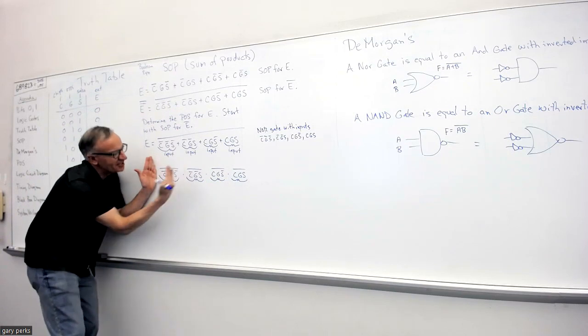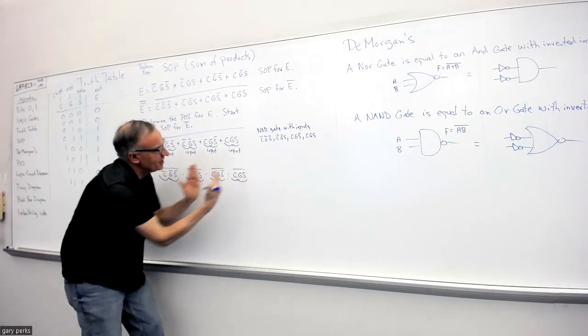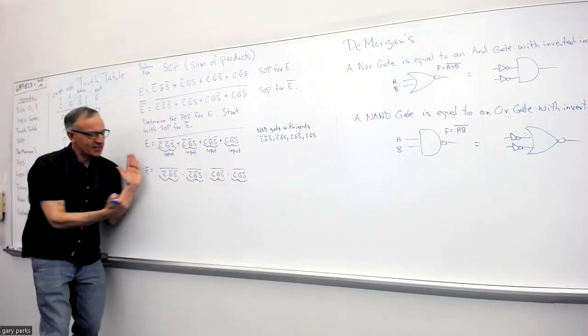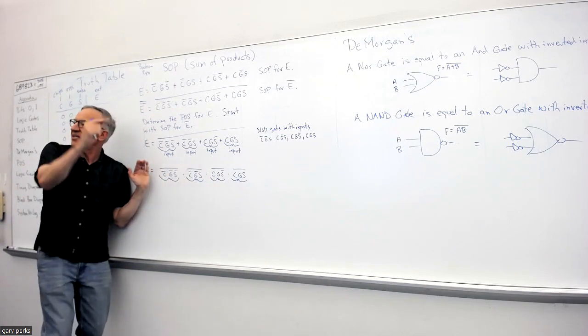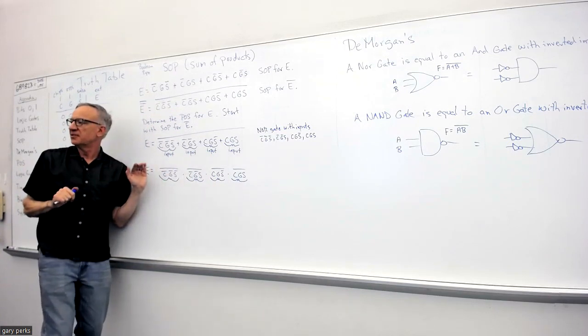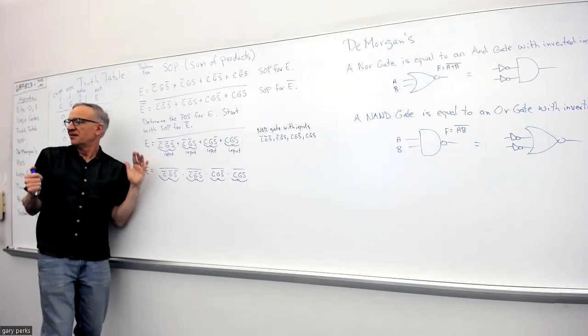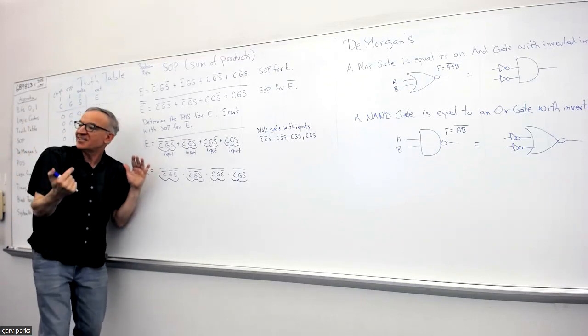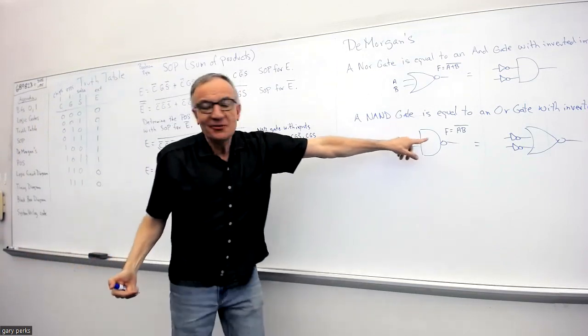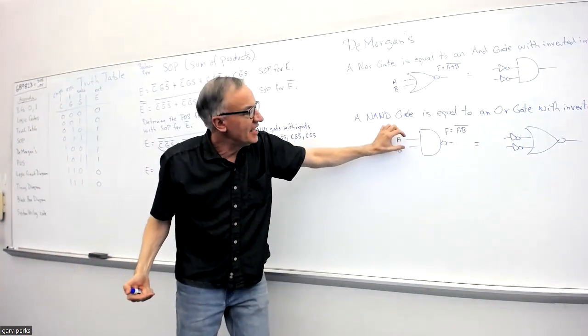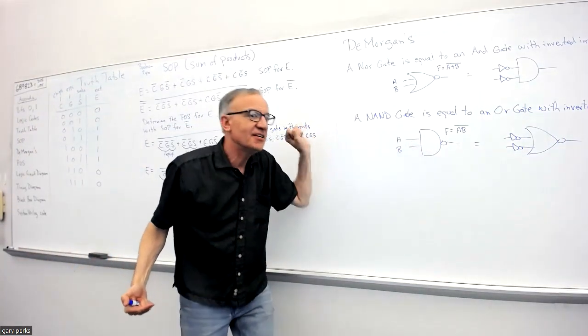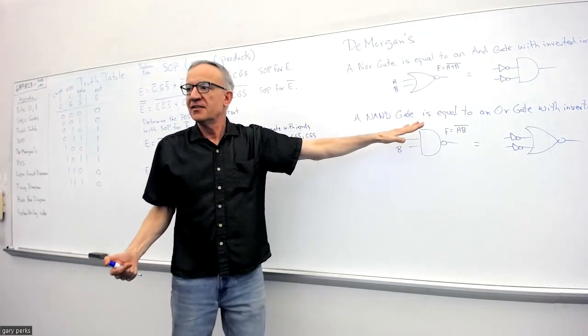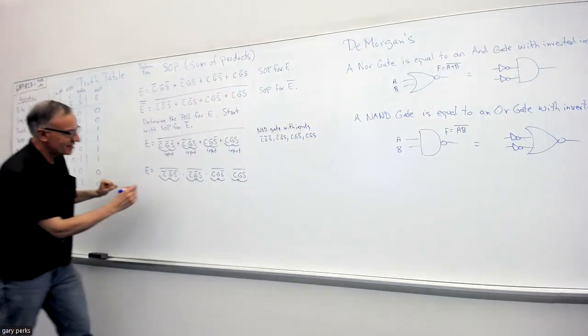So if you look at any one of these terms, what kind of gate is that if you're ANDing and then inverting the whole thing? If you AND first and then you invert the whole thing, that's a NAND gate, right? That's what we're talking about right here. The NAND gates, they AND the inputs, and then they invert the whole thing. So you see, each one of these is a NAND gate.